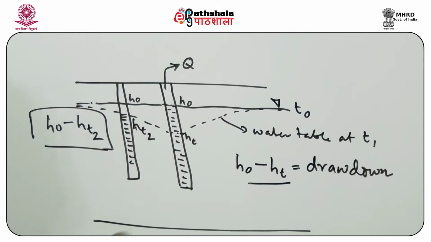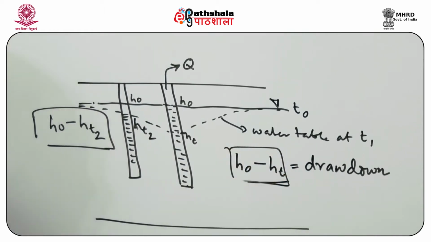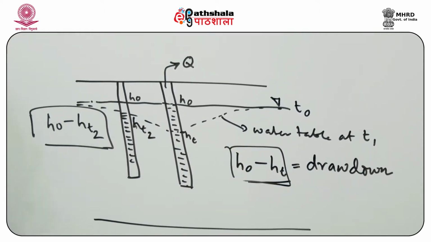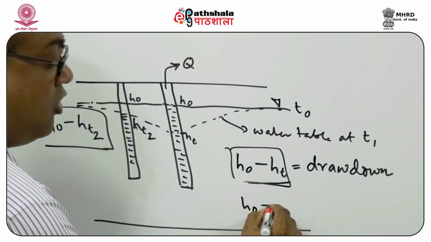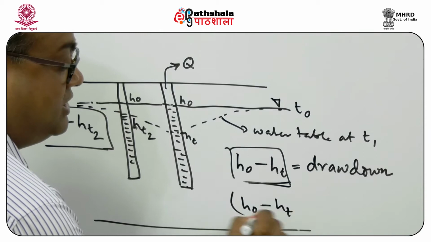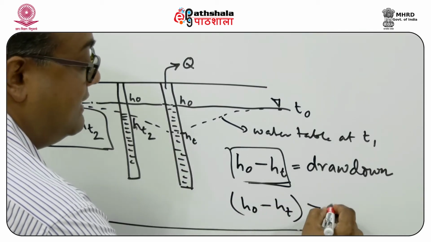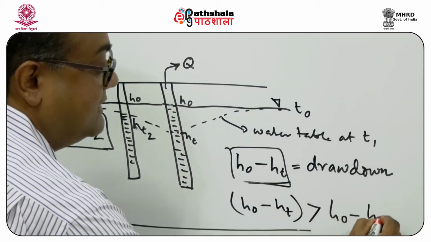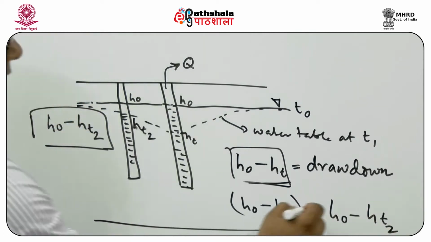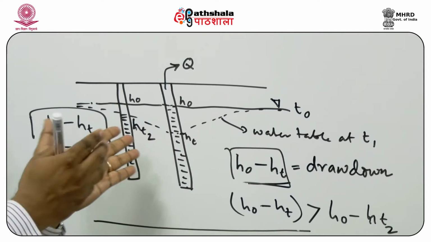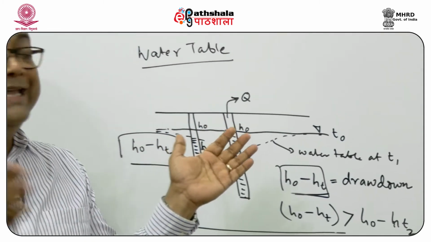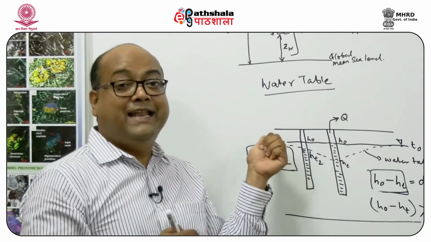This is one drawdown value, and this is another value of drawdown. But as we can see, the drawdown H0 minus HT is greater than H0 minus HT2. Why? Because the cone, or depression, that forms becomes smaller and smaller.